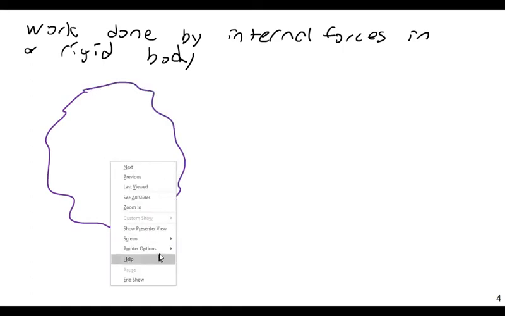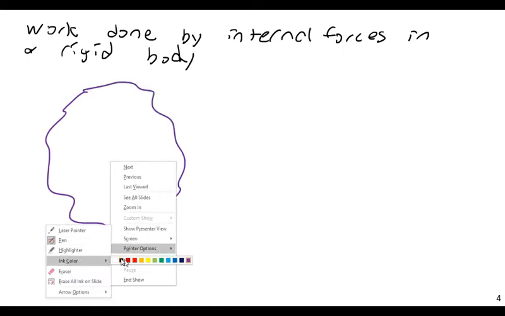Maybe I have a point A here and a point B here. And maybe I have an A prime here where this whole thing is moving, and a B prime here.